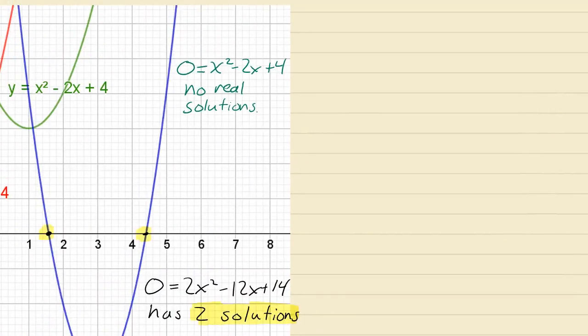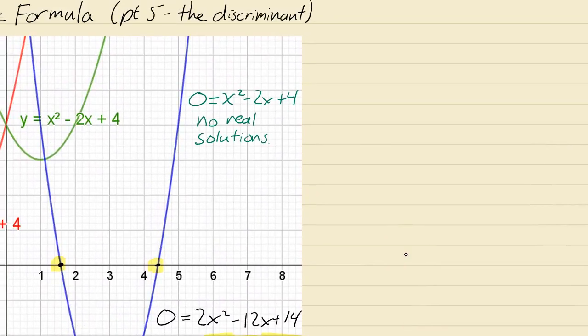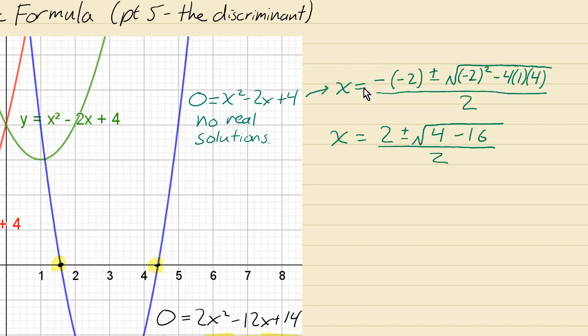Okay, now what about the other ones? Let's go over here with the green one and see how we can tell that this will have no real solutions when we try to solve this. I'm going to plug this into the quadratic formula here, which will look like this. So negative 2 just becomes 2. The interesting thing is what happens inside the square root here. The negative 2 squared becomes positive 4, and then you have that minus 4 times 1 times 4, which is minus 16. So you end up with a negative number inside here.